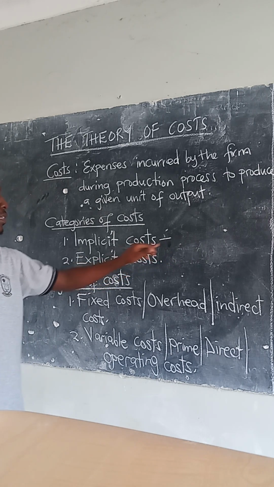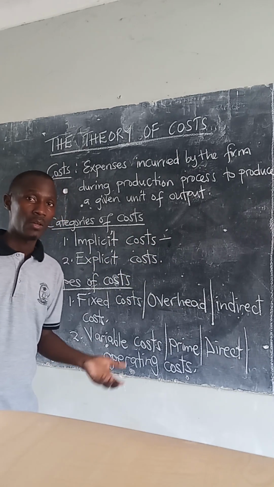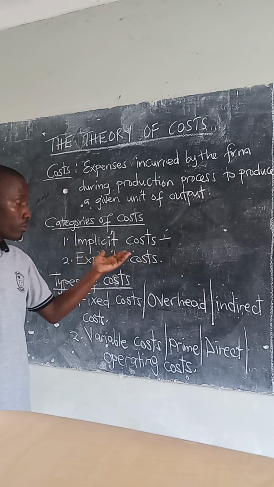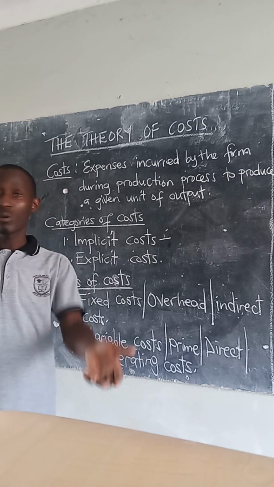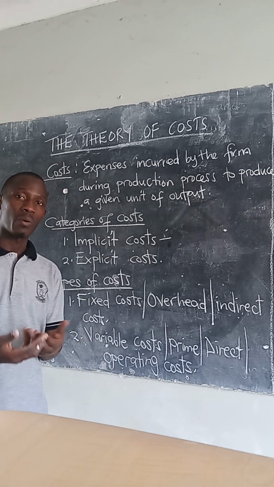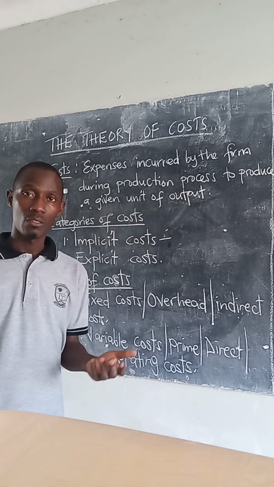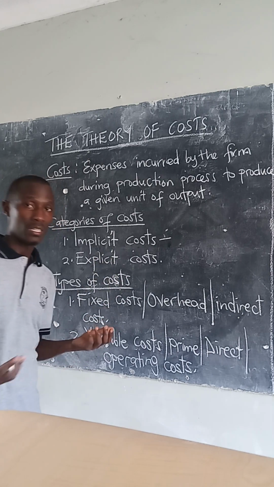In most cases, when such people are calculating the profits, they don't include such costs. Rent for a building that has been provided by the owner of the business is another example. You will find that a business is operating, but it is not even paying rent. It is operating freely. So such costs are not met.